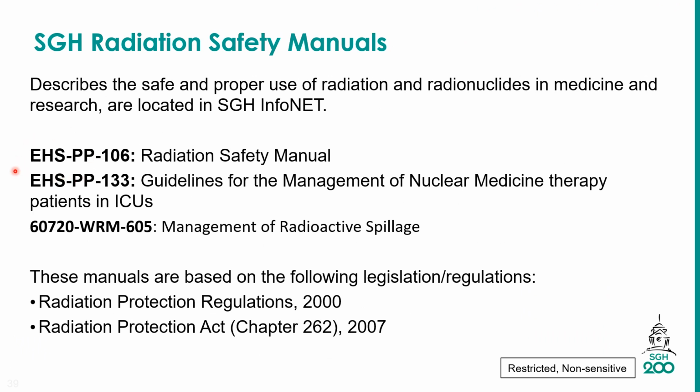These two SOPs basically give us more details about radiation safety as well as guidelines for the management of nuclear medicine patients in an ICU setting, while this form was described earlier to you on the management of radioactive spillage. These documents are based on the radiation protection regulations of Singapore.